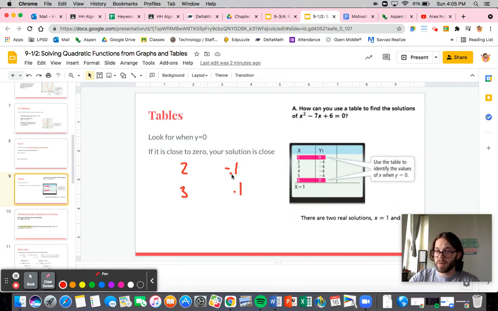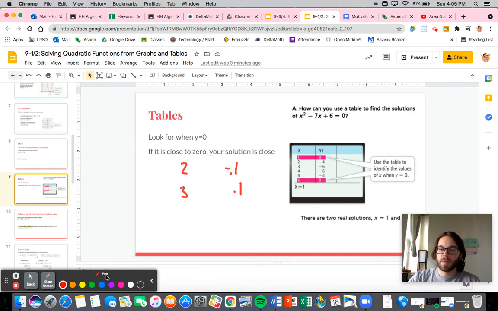However, if here's negative 1, negative 0.1, and here's positive 0.1, we know somewhere in between there it hit 0. So if you get something like this, you don't know exactly what it would be. However, you know it'd be between 2 and 3. So it's always good to keep that in mind. Just be careful, though. Remember, you're looking at where y is 0 or close to 0, and the corresponding x would be your answer. All right.